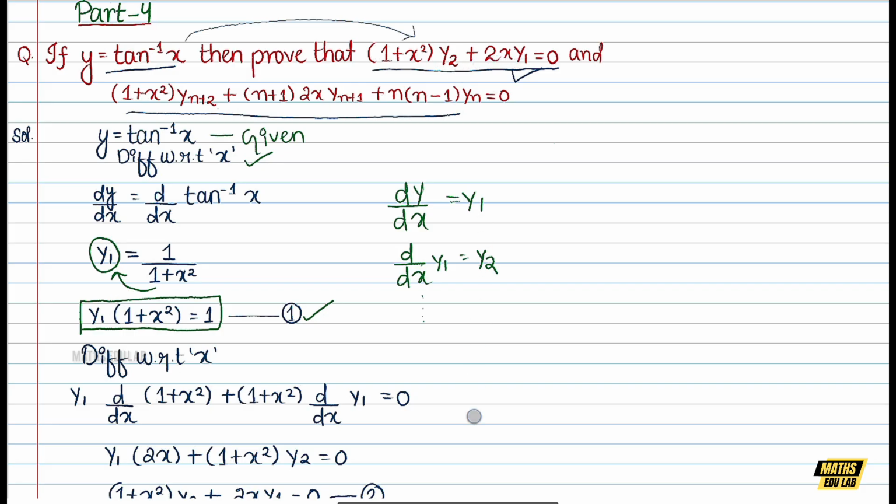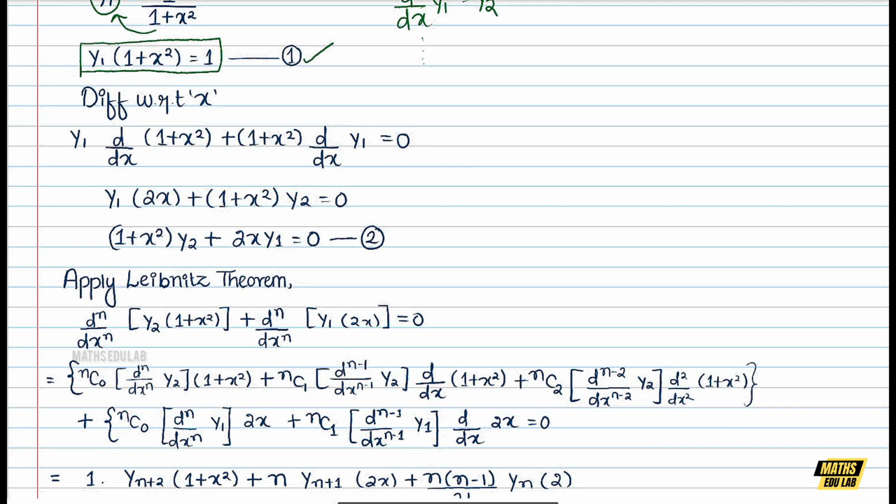To get that value, we have to do the differentiation with respect to x. So if you see here, it is in the form of y1 as our u value, and 1 plus x square will act as a v value. So it is in the form of the product rule.